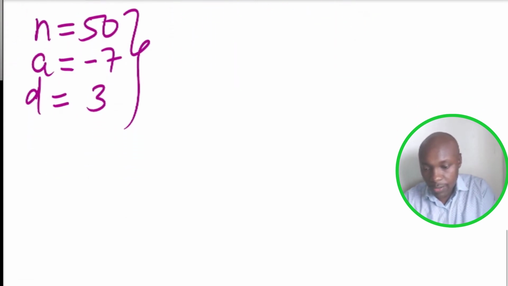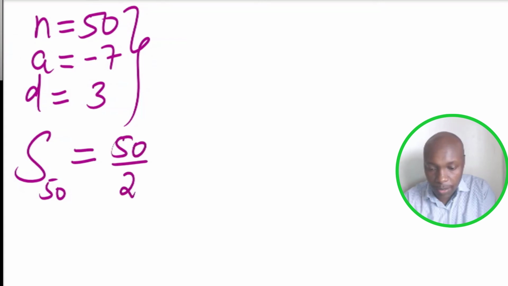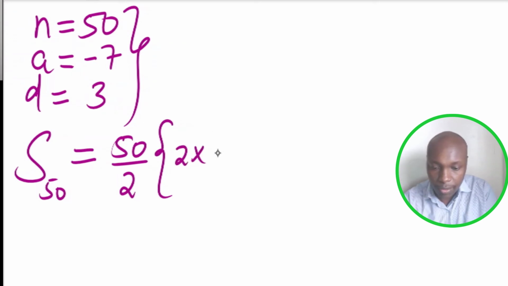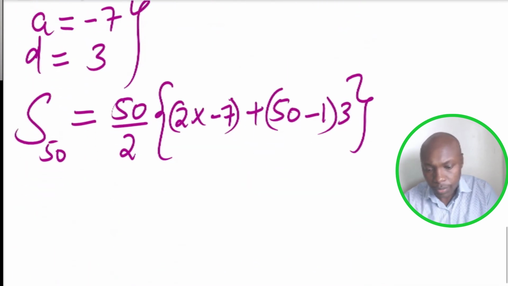So the sum of the 50 terms is given by S50 equals n over 2, which is 50 divided by 2, then multiply by 2, multiply by a, which is -7, then plus n minus 1, which is 50, subtract 1, then everything multiplied by the common difference. So you're just substituting here.